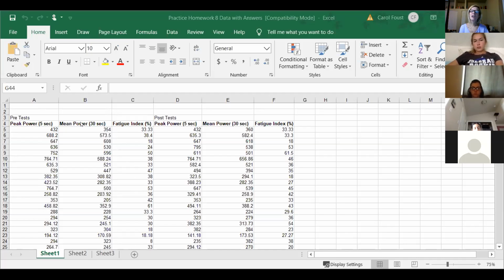So we're going to use what's called test retest on that. What we do is we've got the peak, mean, fatigue that we did say on Monday with a group of athletes. Then we're going to do this test again the next day, and we're going to see, do we get similar results?